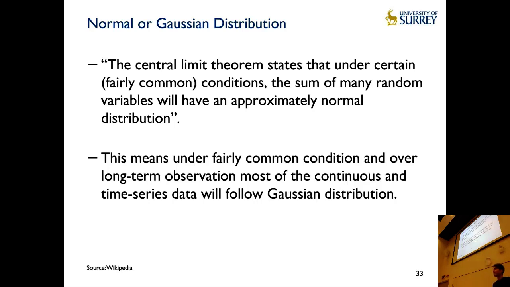The idea is, if I monitor something, a natural phenomenon, and if I have large volume of data, that tends to have a normal distribution. If we take temperature in Guildford over the past 10 years, the average seasonal, this will change over seasons, let's say over spring.